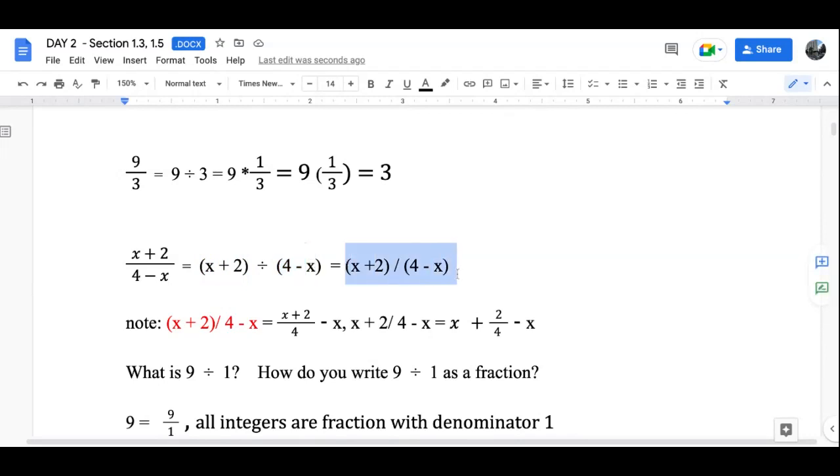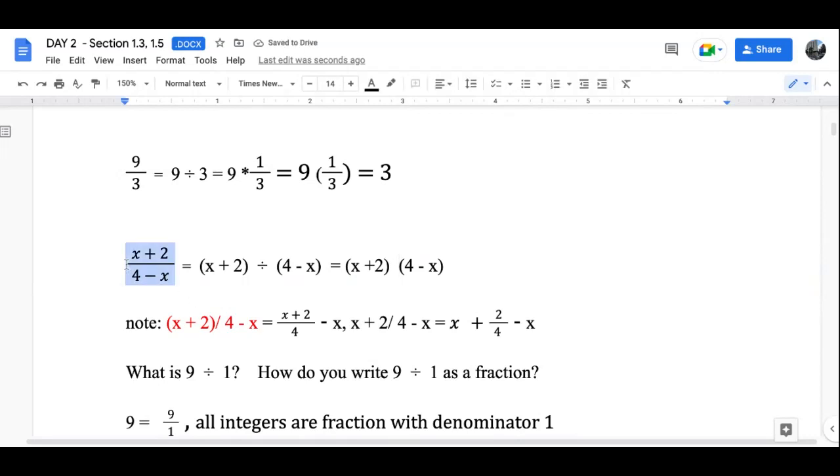Sometimes I write a slash, but more importantly, I want you to understand that's x plus 2 times 1 over. So we can write this way, right? If you want to put parentheses in the denominator, that's fine.